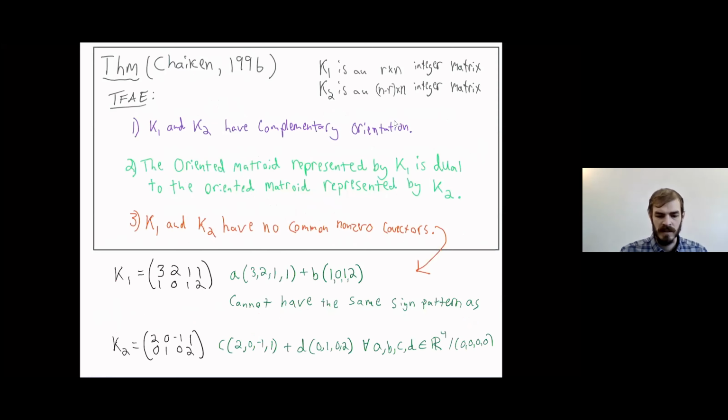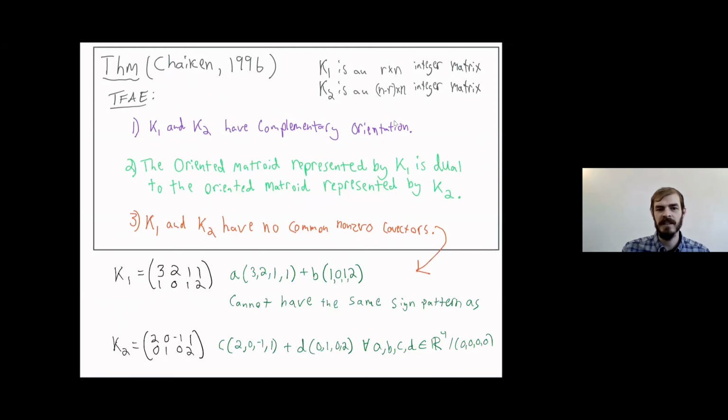So there's a theorem by Chaikin from '96 that actually gives some equivalent conditions for when two things have complementary orientation. The second one is about oriented matroids and duals. If you're familiar with matroids, that might look very friendly. If you're not, then that's okay, don't worry about it. But the other condition that was really helpful when I was trying to prove this stuff is that this is equivalent to K1 and K2 having no common non-zero covector.